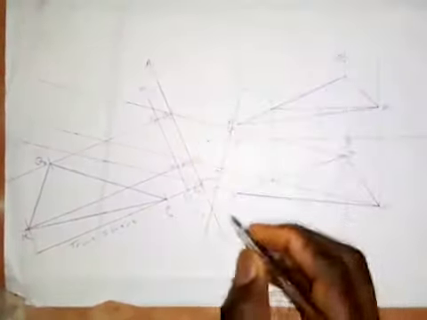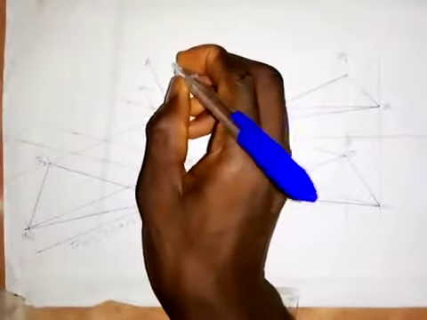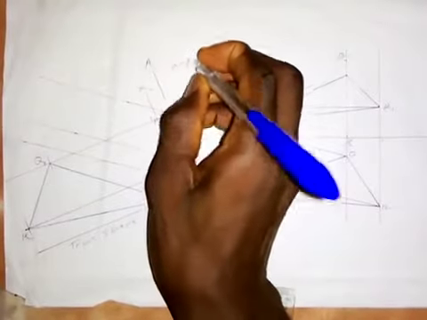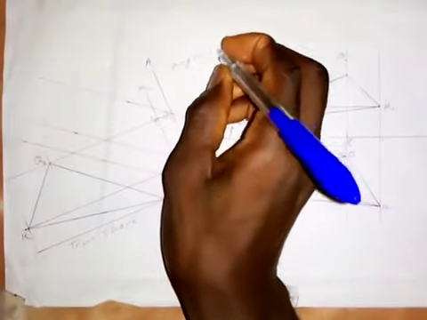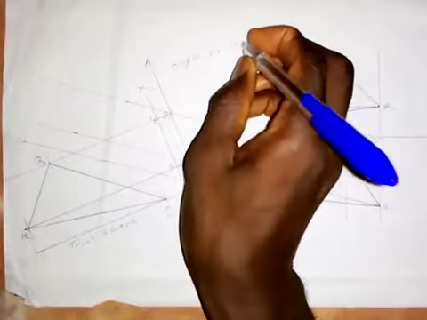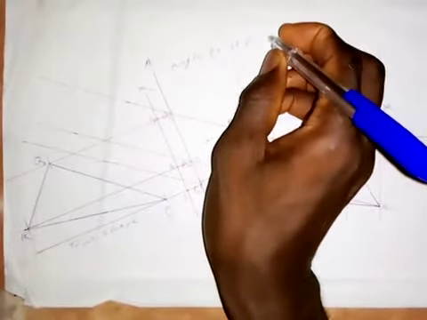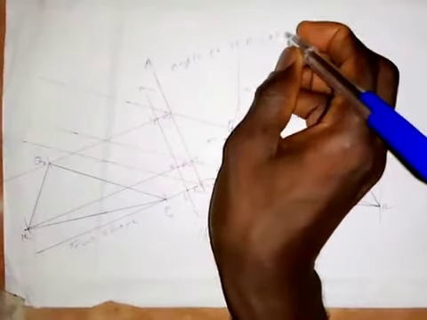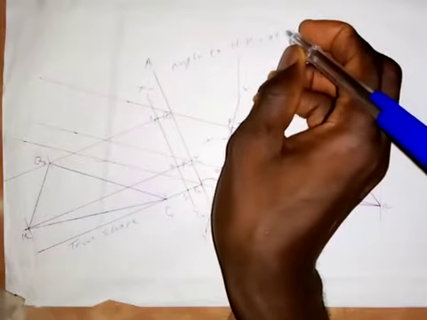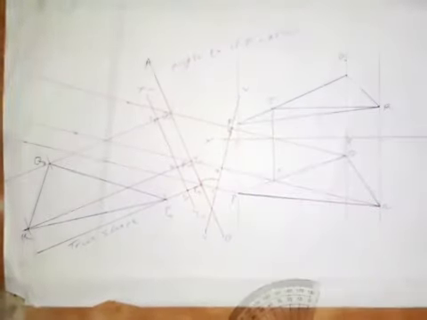So angle to HP is equal to 37, plus or minus 1 degree. So 37 degrees plus or minus 1 degree.